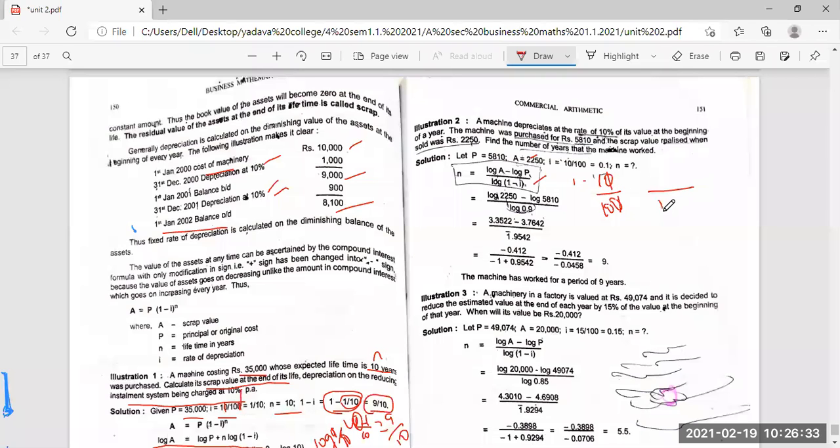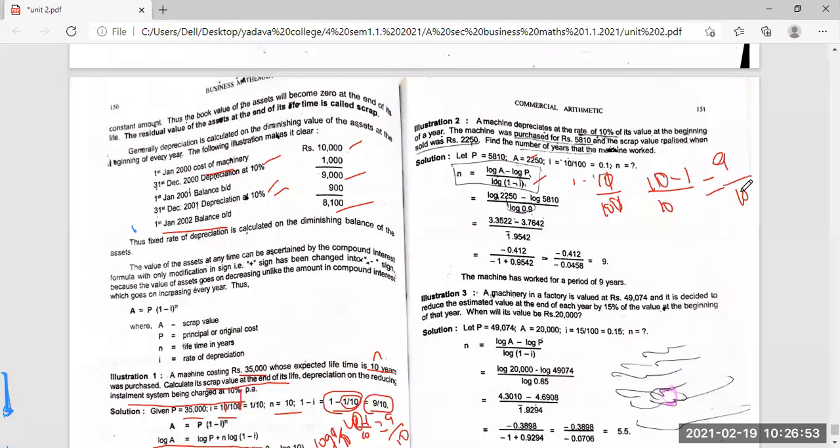We take the LCM, 10. So 10 into 1 is 10. Then here, minus 1. We take the LCM like that: 10 minus 1 is 9, divided by 10. So 9 divided by 10, when we divide, the value is 0.9. Now is it understood?